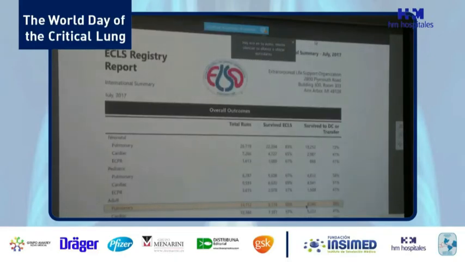Across the International ELSO Society, the registry report suggests there are almost 14,000 cases to date, and the overall survival in adults is 58% for all comers, for all indications.